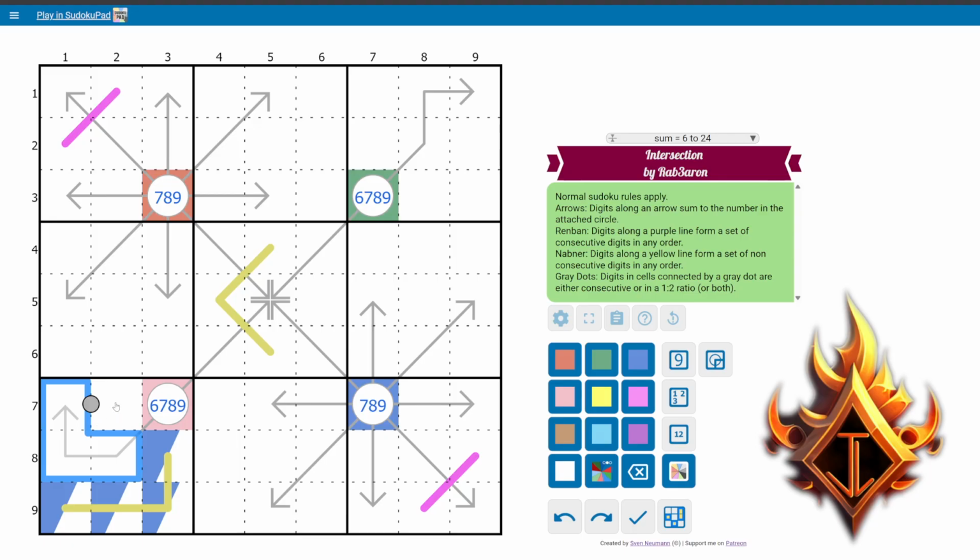So we could actually have green on the arrow, maybe even here, and this be like 6, 7. And this would be 1, 2 to make a 9. Like that would.